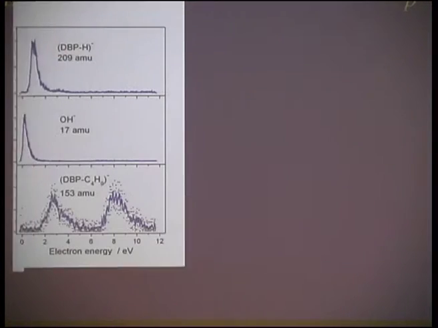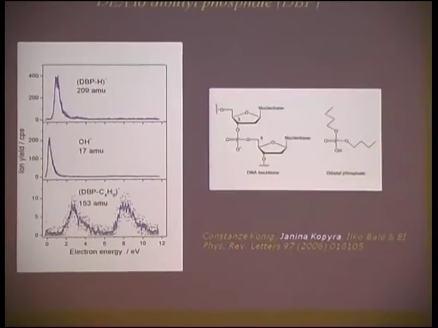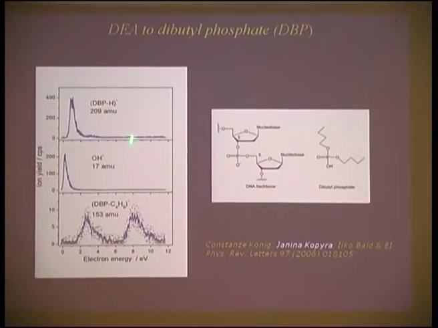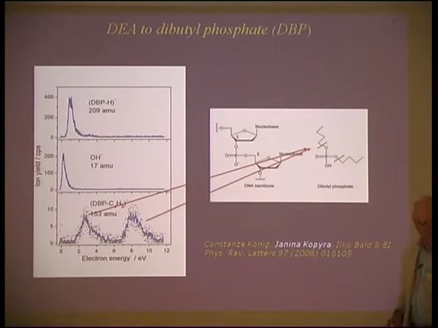And what you observe is also things going on at quite low energy. This is, for instance, the molecule which is subjected to the loss of this entire group here, which would mean a strand break.